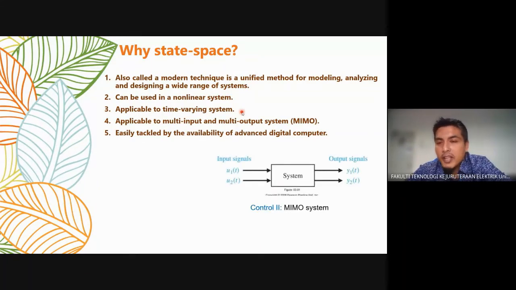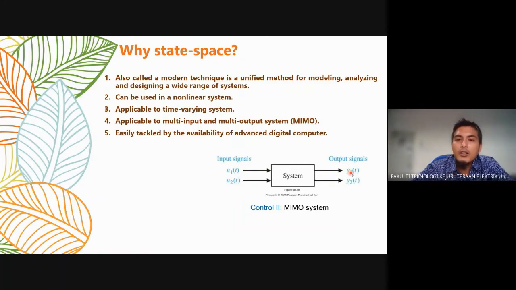This is an example of a MIMO system, multi-input, multi-output. This is easy if you use state space. If you are using the transfer function, it's really, really complicated. Compared to that, using state space to handle a multi-input and multi-output system is quite easy.